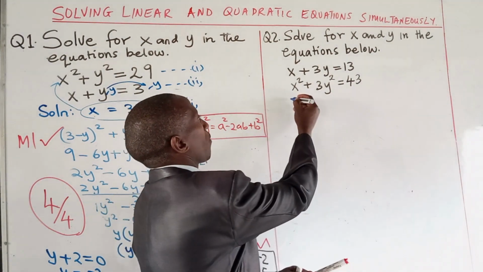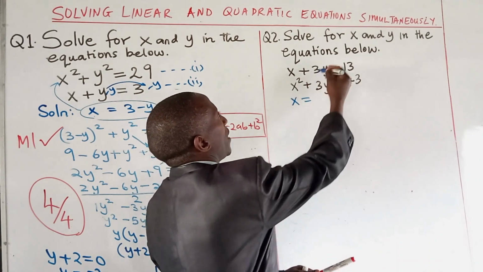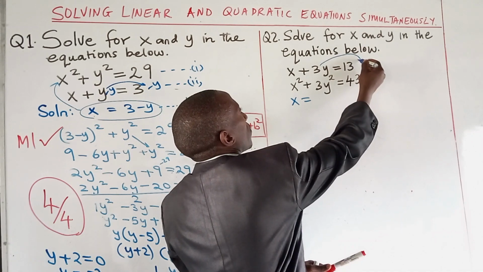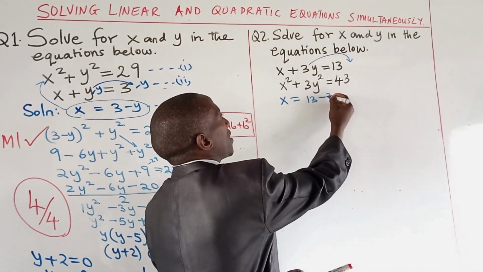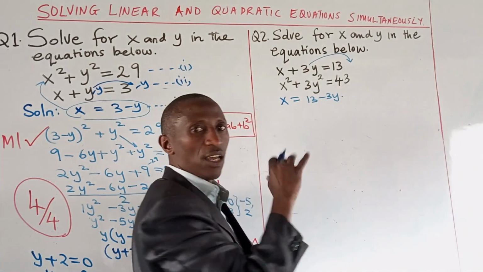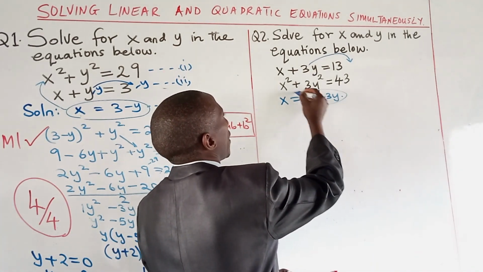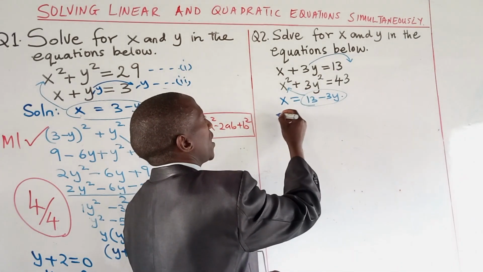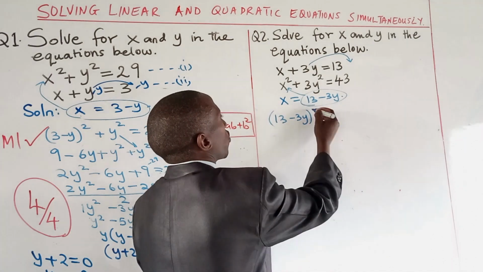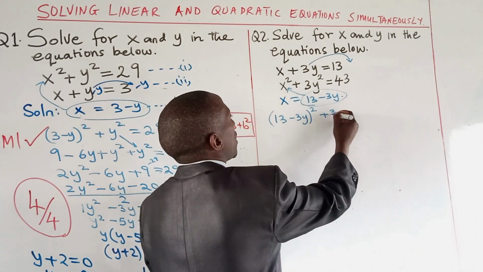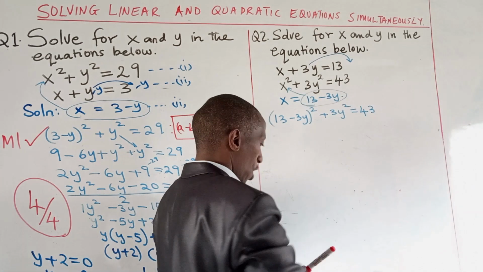That is, we make x the subject here, and we have this shifting to this side, and that gives us 13 minus 3y as our linear equation. We substitute this part into that, so that we get 13 minus 3y squared plus 3y squared is equal to 43.